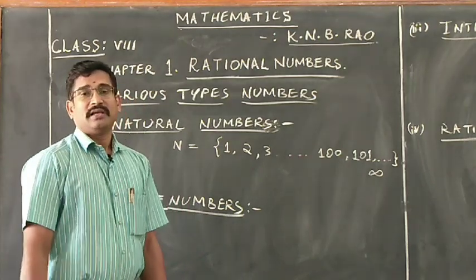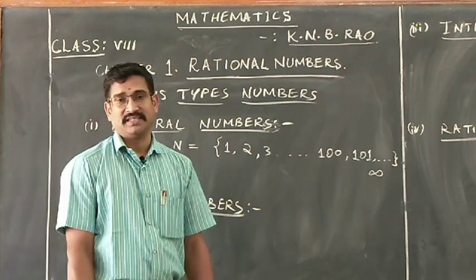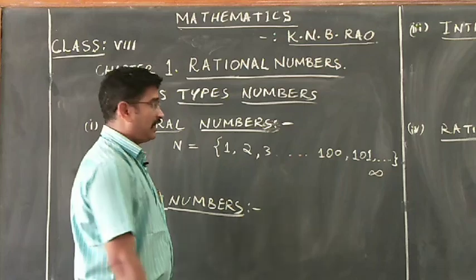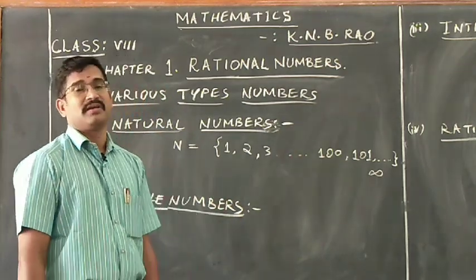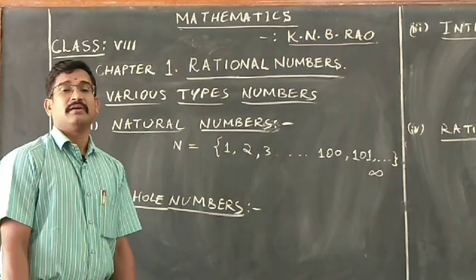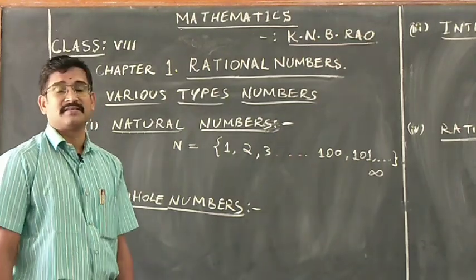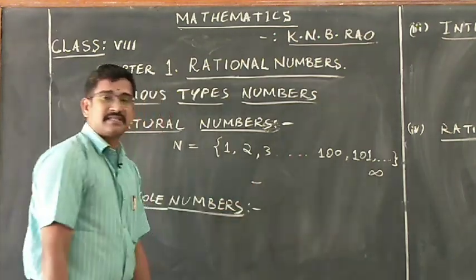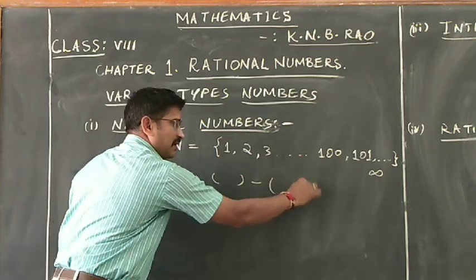See children, in natural numbers we have one important property, that is the absolute difference between any two continuous natural numbers. Absolute difference means the difference between a bigger number and a smaller number.